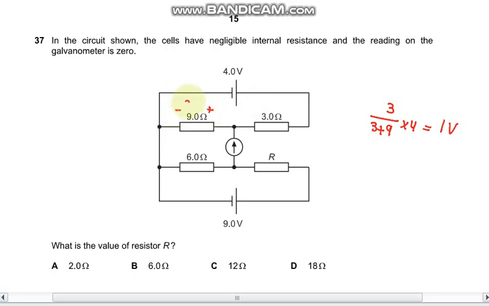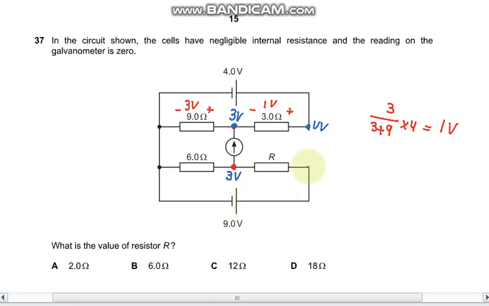So that's 3 volts, that's 1 volt. The same would be the terminals, that's a 0 point, so they would be the same over here. That node is a 3 volt point, because that's 4 over here, so that must also be a 3 volt point over here.